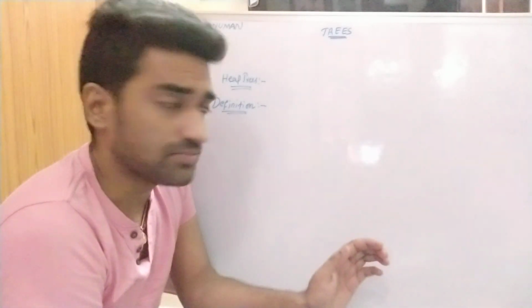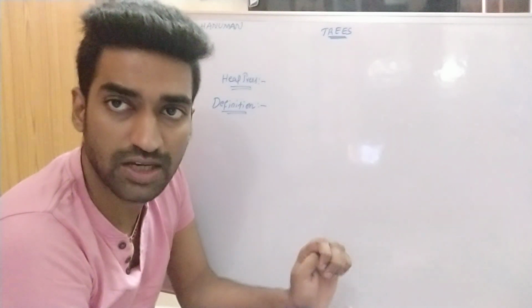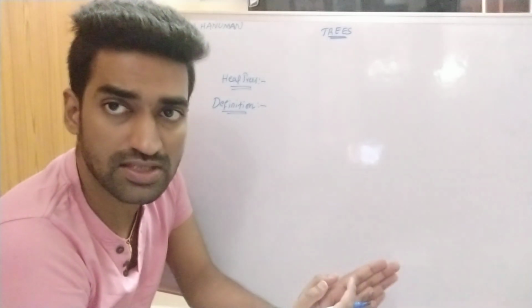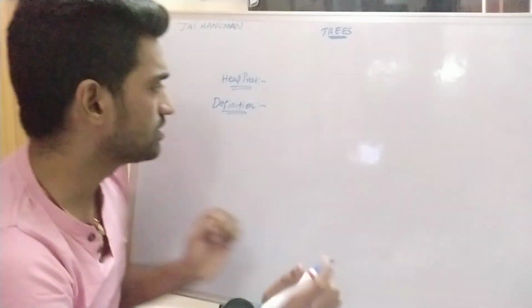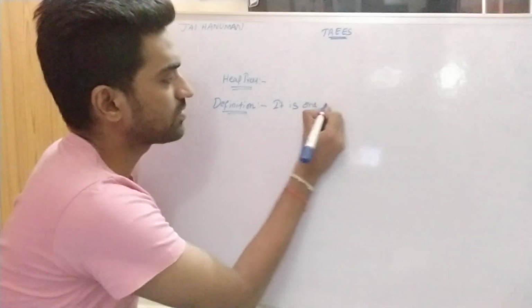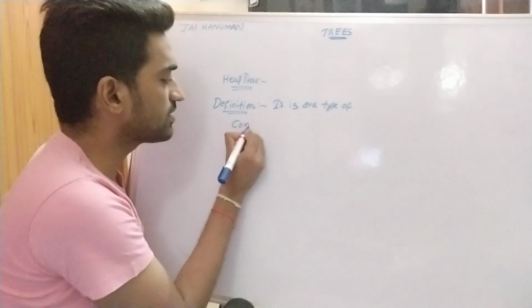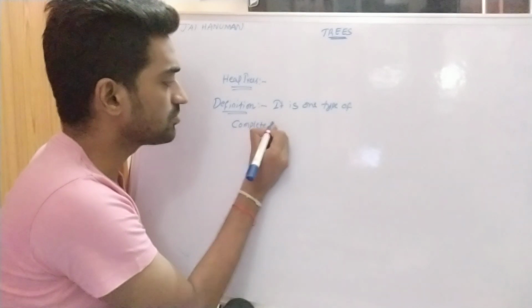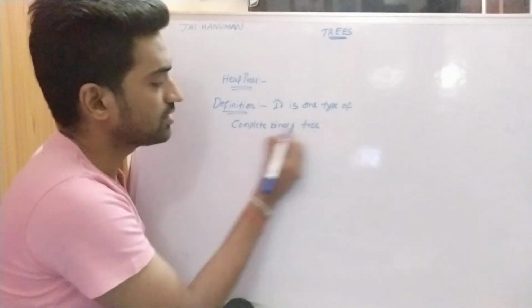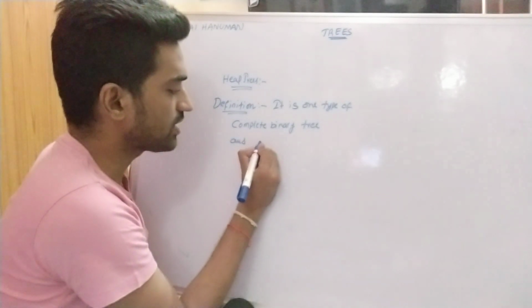A heap tree is one type of complete binary tree, and it can be categorized into two types of heap trees.